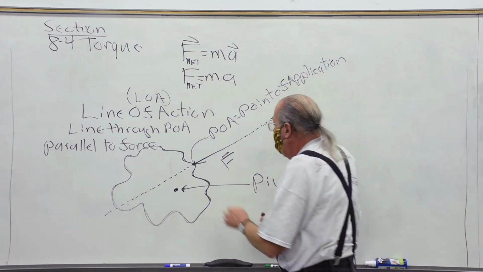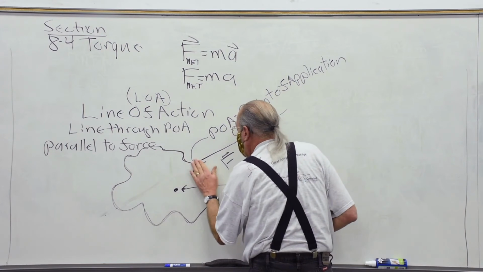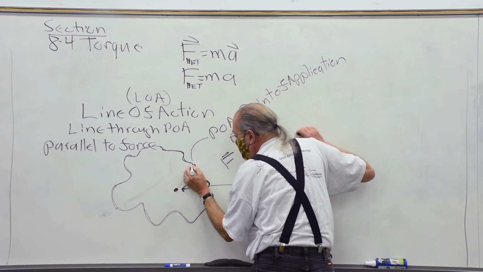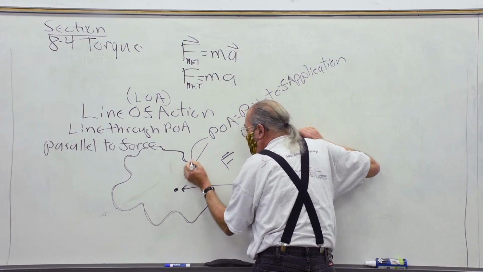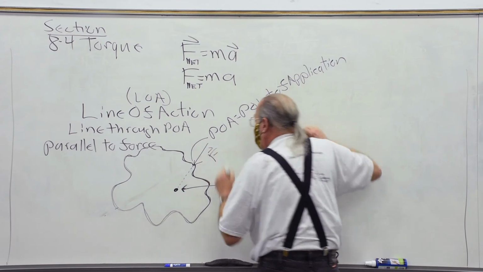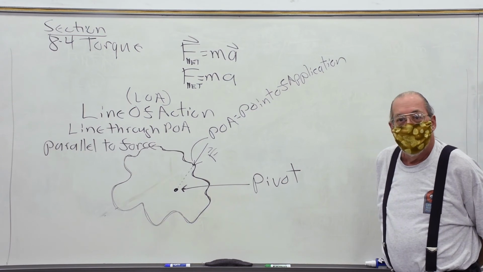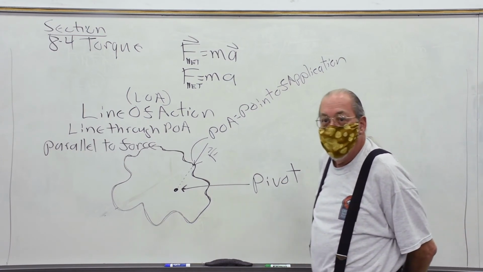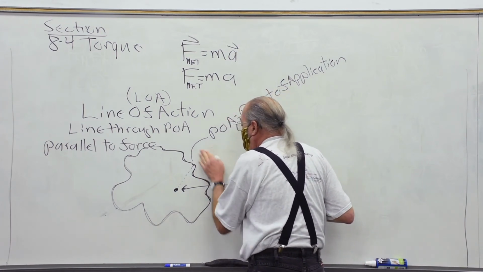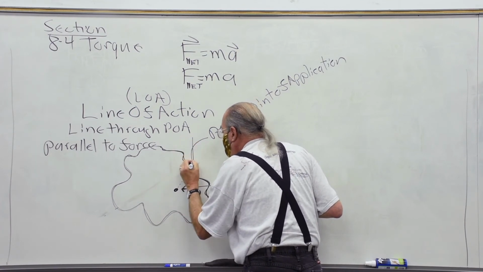What if I were to change the direction of that force, so that the line of action went through the pivot, would it rotate? No. What if I were to do that?